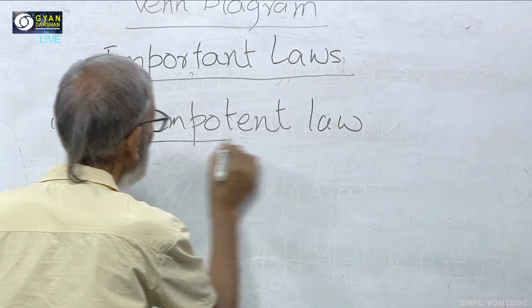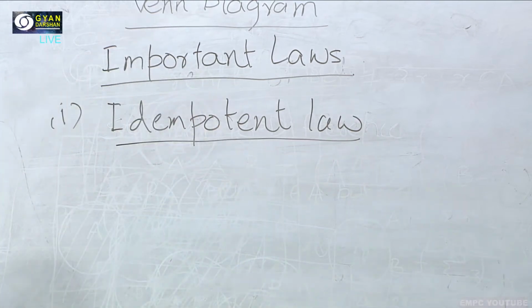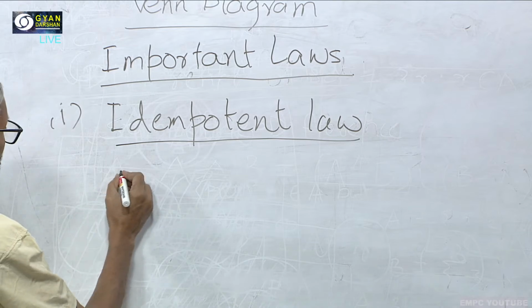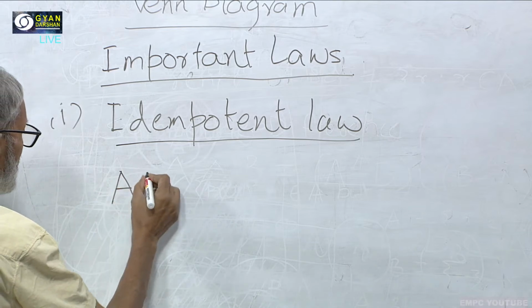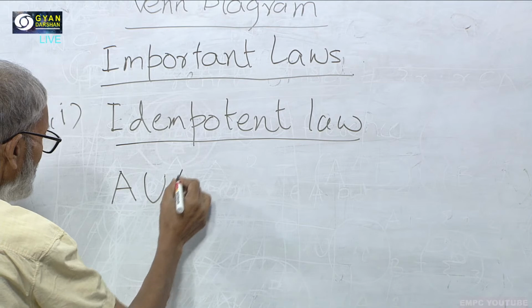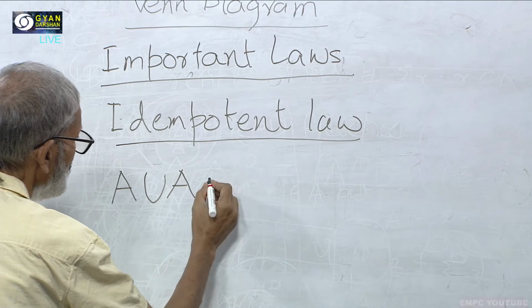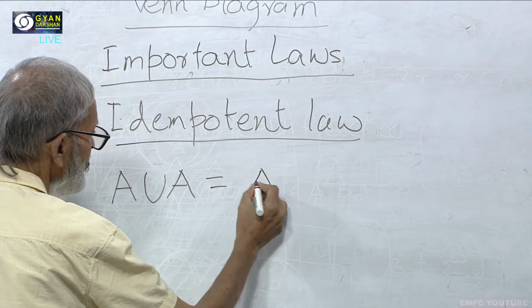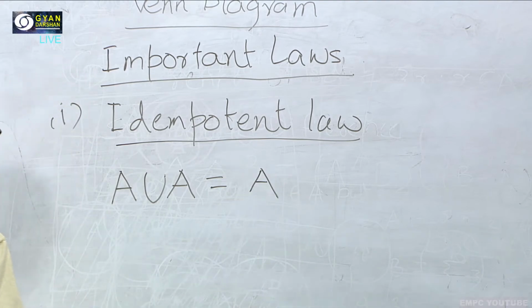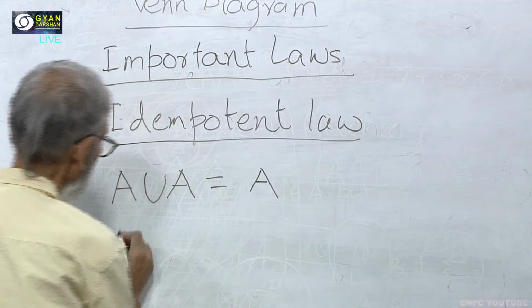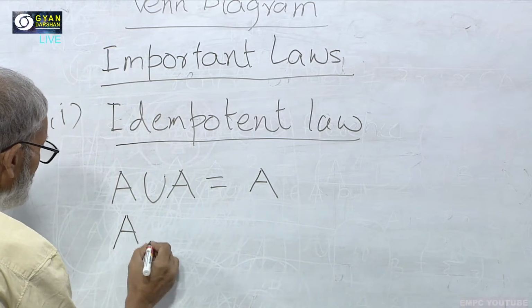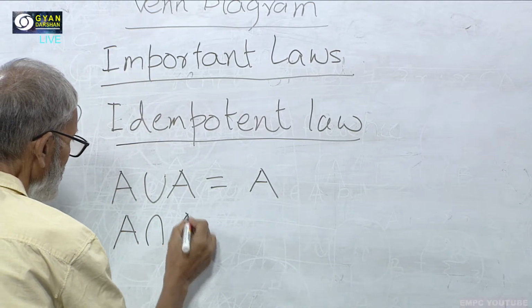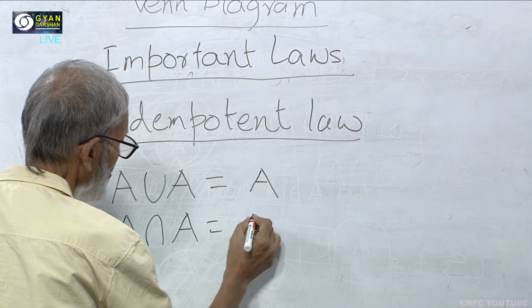What is idempotent law? A union A will be equal to A, and A intersection A will also be equal to A.